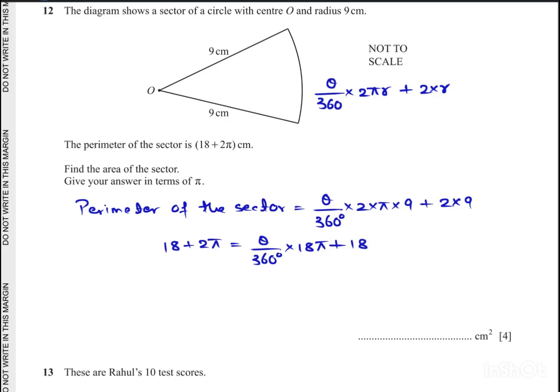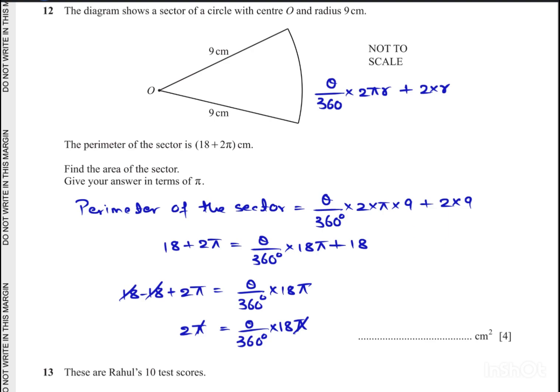Now 18 minus 18 cancels. What are you left with? 2 pi equals theta by 360 into 18 pi. So pi also gets cancelled.